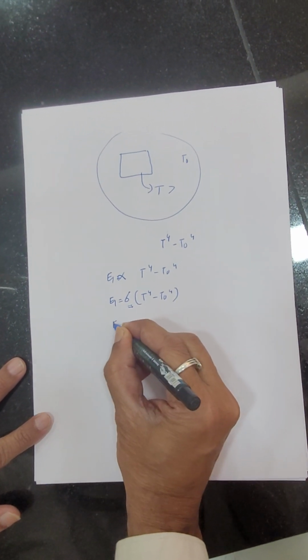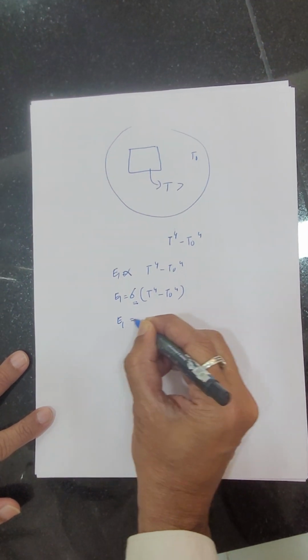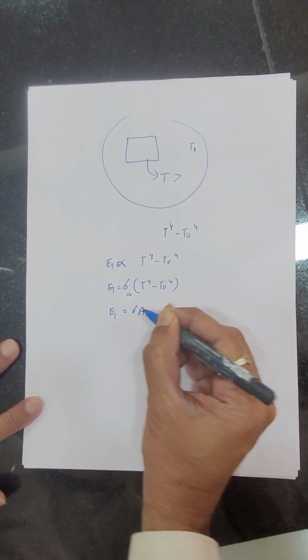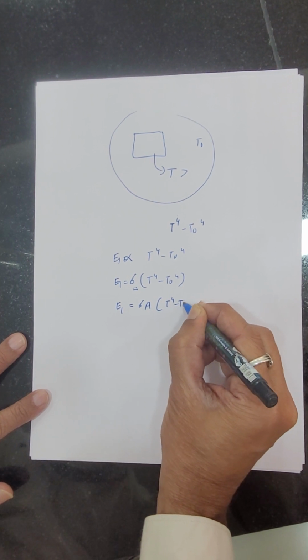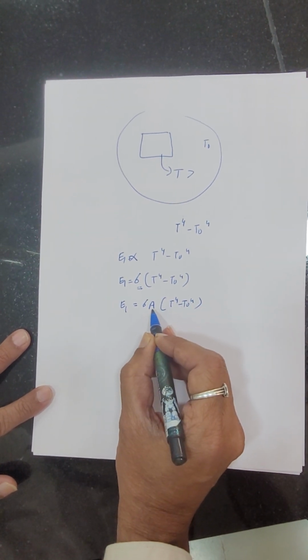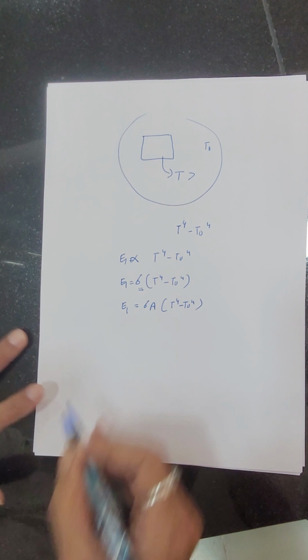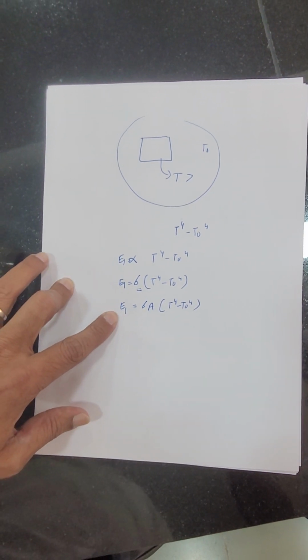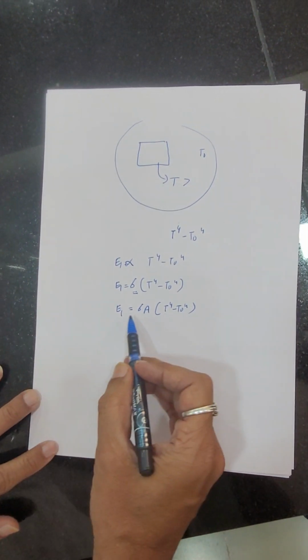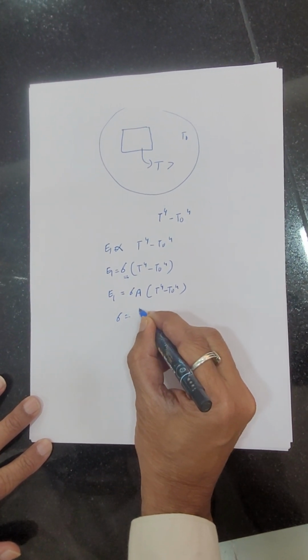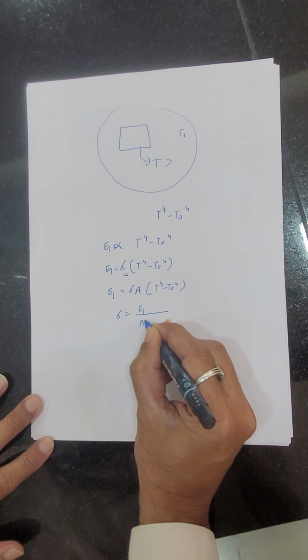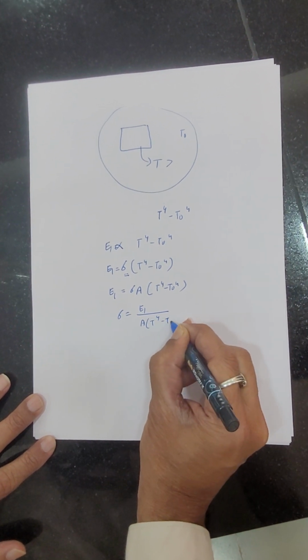Now let us denote E1 by the same notation, but let us introduce area on the right hand side: sigma into A into T raised to 4 minus T0 raised to 4. A is the area of the body. So this E1 now becomes the heat energy emitted per unit time, and it is given by this expression. This gives sigma equal to E1 upon A into T raised to 4 minus T0 raised to 4.